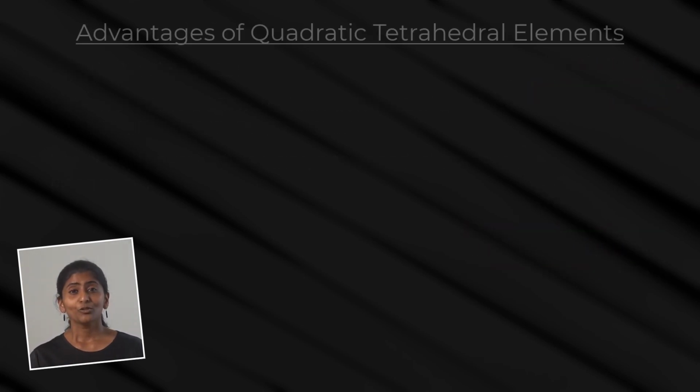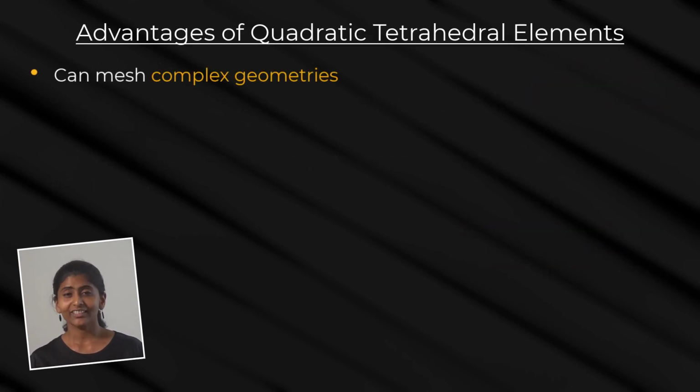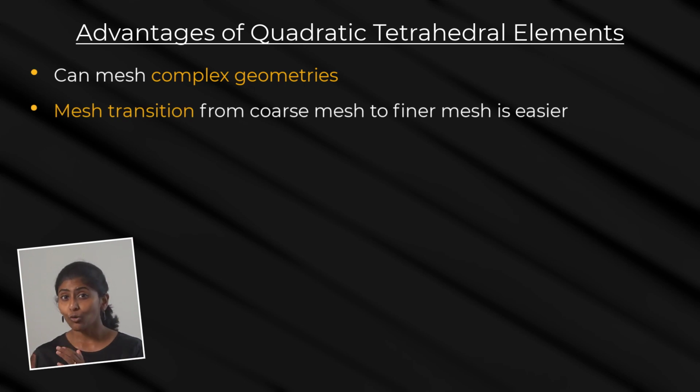Apart from being able to mesh complex geometries, another advantage of using tetrahedral elements is that mesh transitions from a coarse mesh region to that of a finer mesh are possible without much effort. This allows us to generate an optimal mesh so that we can invest more nodes and elements in the regions of high stress gradients, for example, and mesh the less important areas with fewer nodes and elements.